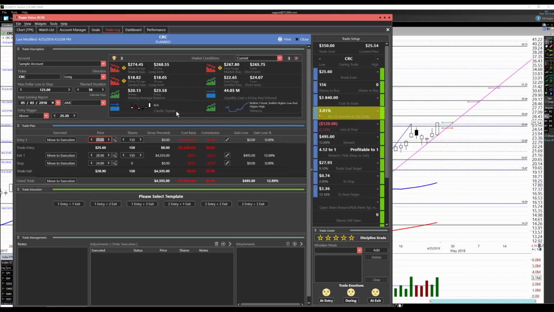You could use your own liquidity rules. Right now we're using my liquidity rules, which you can see right here, which is the last price times the 63-day average volume. How many dollars of stock does it trade on average per day? And then, of course, candle signals and candle patterns will allow you to edit those as well. It's right now scanning based on my definitions, my scans that I've written.